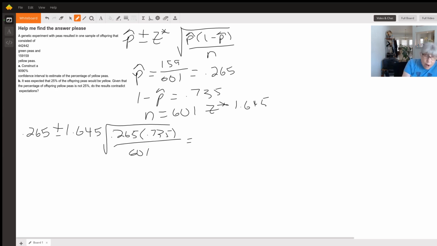When we subtract the margin of error from our p hat, we're going to get the lower limit of our confidence interval, and that is 0.23496.